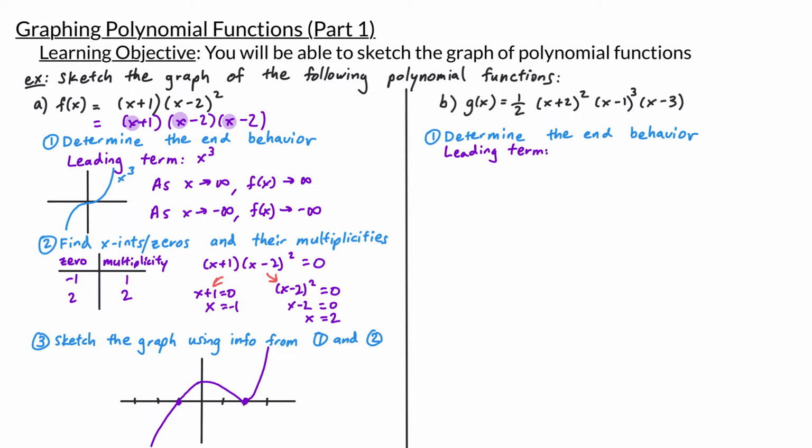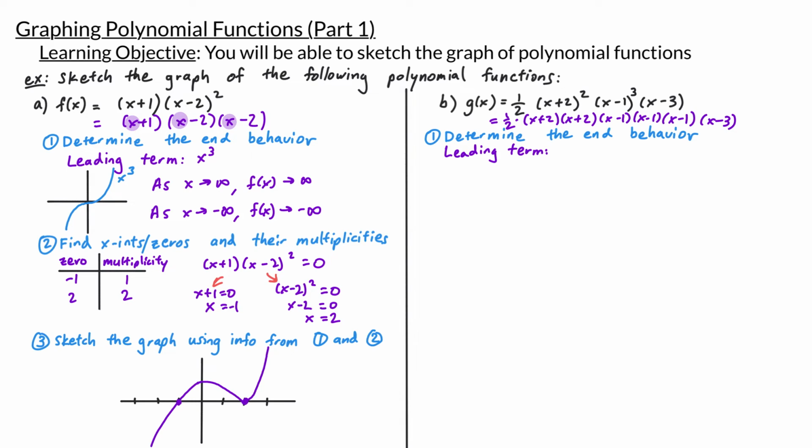Again, we can write out the factors of g of x. That way we get a sense of what things would look like if we were to multiply everything out. So g of x can be thought of as 1/2 times (x plus 2) times (x plus 2), and then 3 copies of (x minus 1), and then 1 copy of (x minus 3).